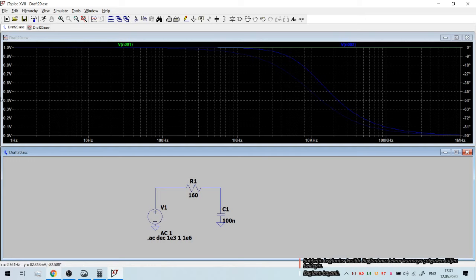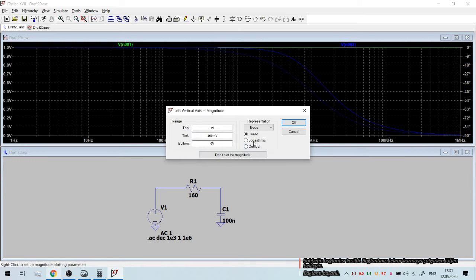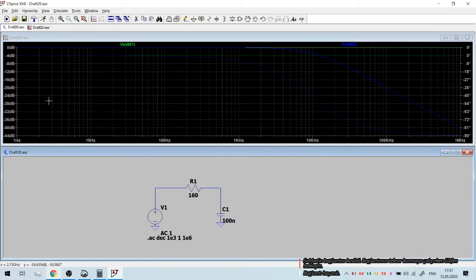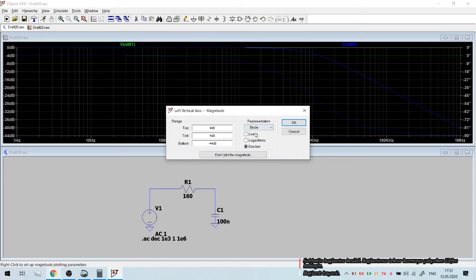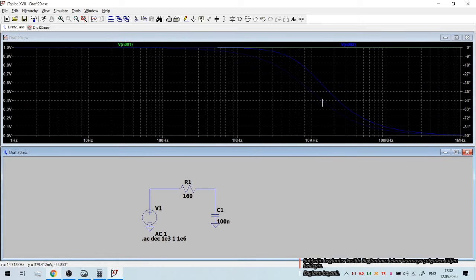We are using dB because it is logarithmic, because it gives us a better view to examine this graph. And yes, go back to linear, it's much greater.